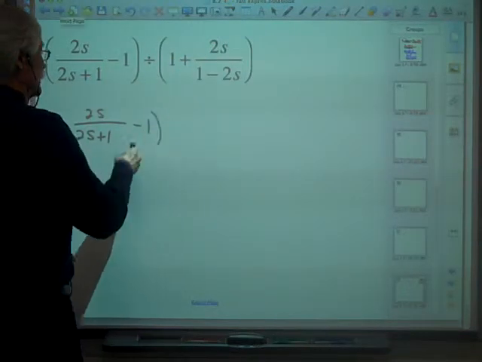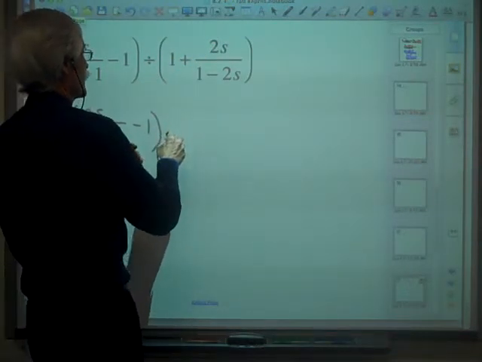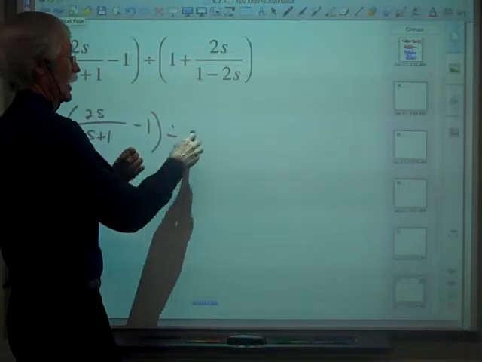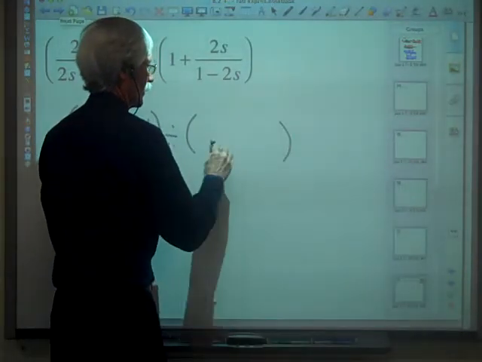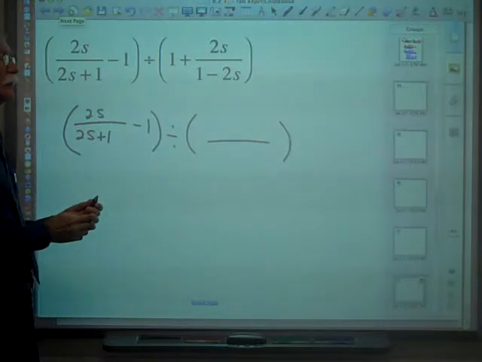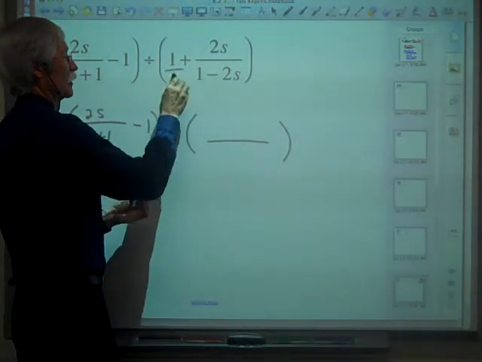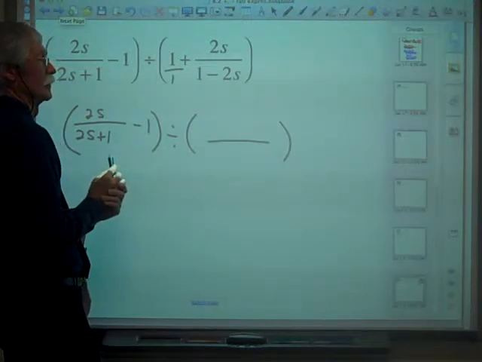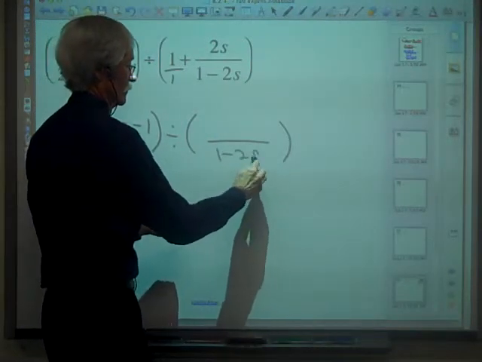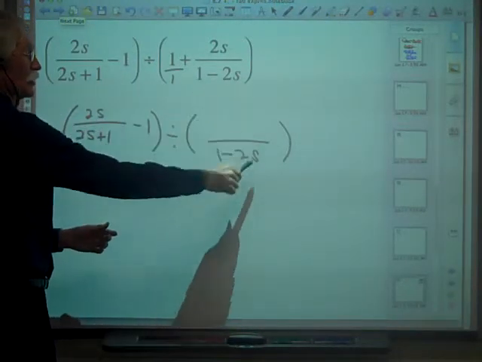So how do you get this to just be one fraction? You need a common denominator. What's my common denominator going to be? One minus 2s.